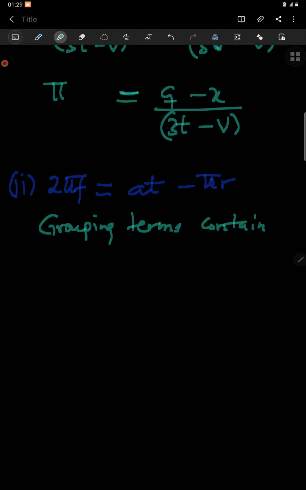The first step, we group terms containing the letter which you want to make the subject. So what do we get? We are going to get 2 pi f. The minus becomes plus on the other side of the equal to sign, plus pi r equals at.